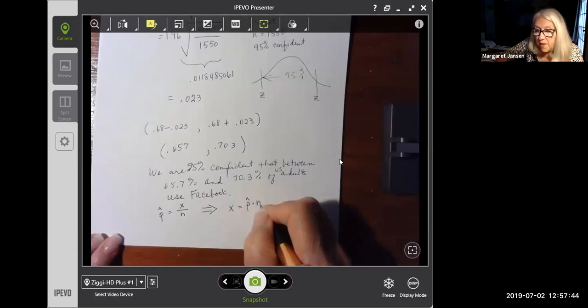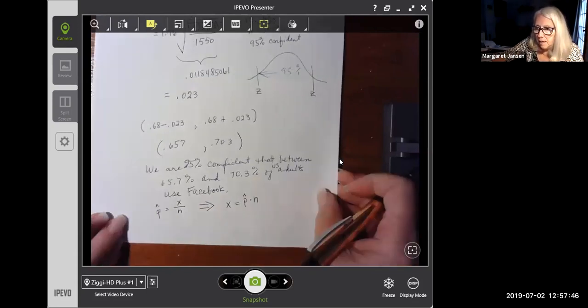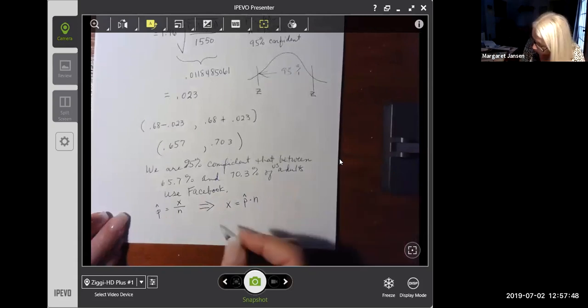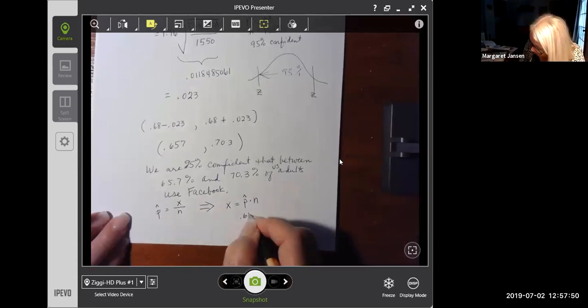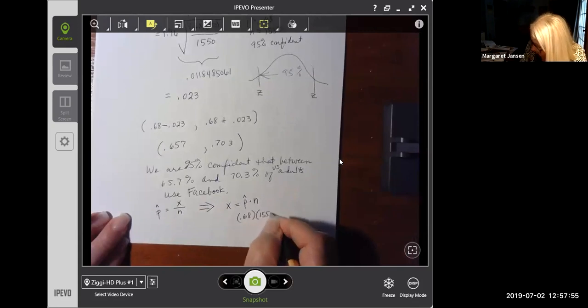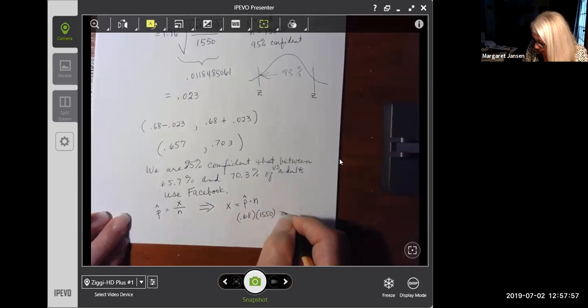And that is what I did to get the 1054. I took 0.68, that was p hat, and I multiplied by 1550, and that's how I got 1054.